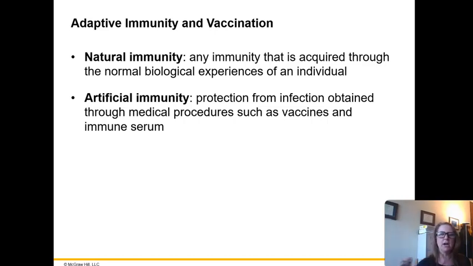So I'm getting that because that was made in, I can't remember if it was sheep or whatever it is, but something. And so that's been purified and then given to me. So that's artificial immunity, essentially when we're giving antibodies to other people, or we are giving ourselves something that's activating our immune system by medical procedures.